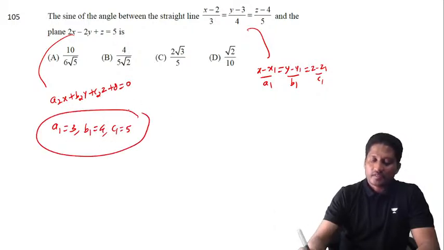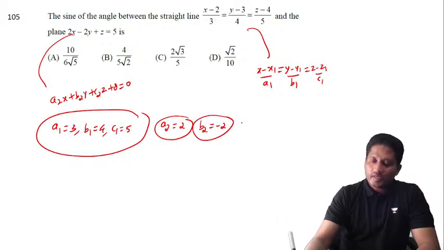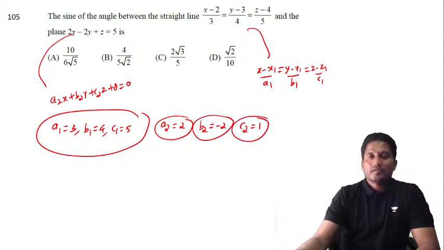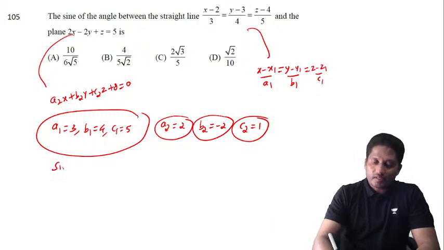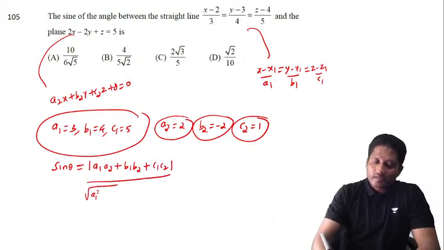This is a1, b1, c1. And a2 is equal to 2, b2 is equal to minus 2 and c2 is equal to 1. Angle between line and the plane formula is sin theta is equal to modulus of a1 into a2 plus b1 into b2 plus c1 into c2 by root of a1 square plus b1 square plus c1 square, root of a2 square plus b2 square plus c2 square.